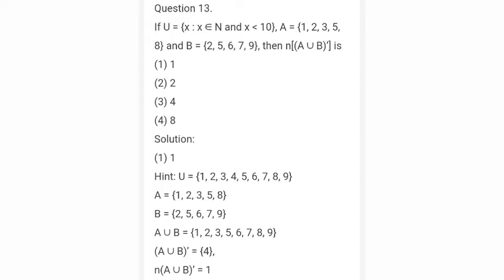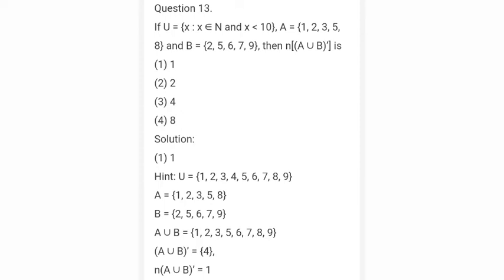Next we find A union B the whole dash. That means U difference A union B. Difference means first we cancel the common elements. What are the common elements? 1, 2, 3, 5, 6, 7, 8, 9. All common elements are cancelled. The remaining element of U is only 4.